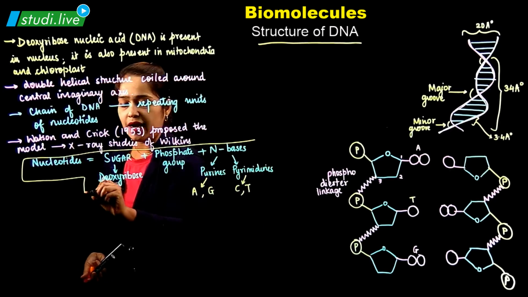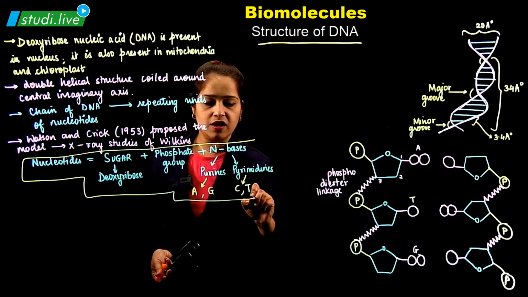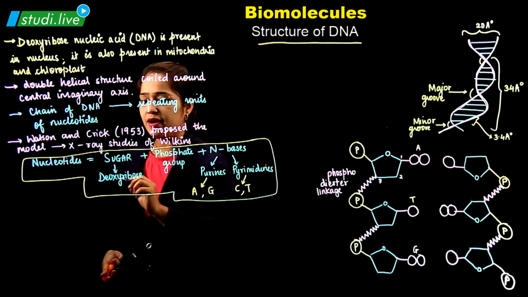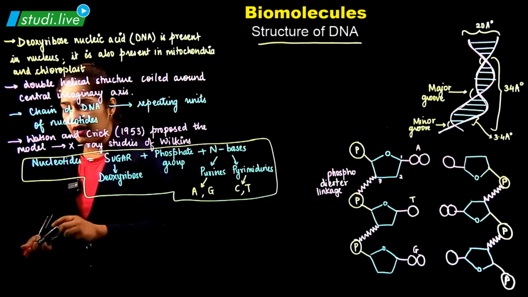Adjacent nucleotides are attached to each other by phosphodiester linkage. So how did we see that?